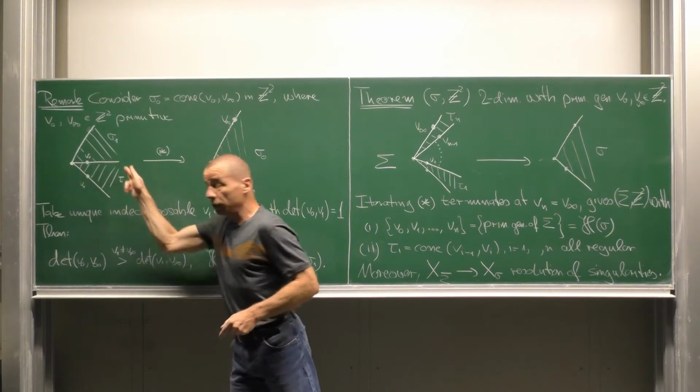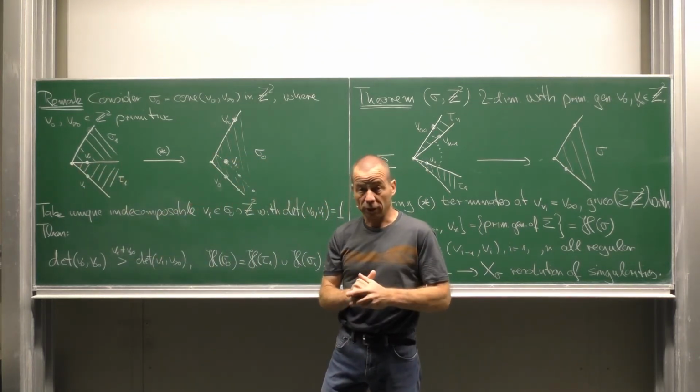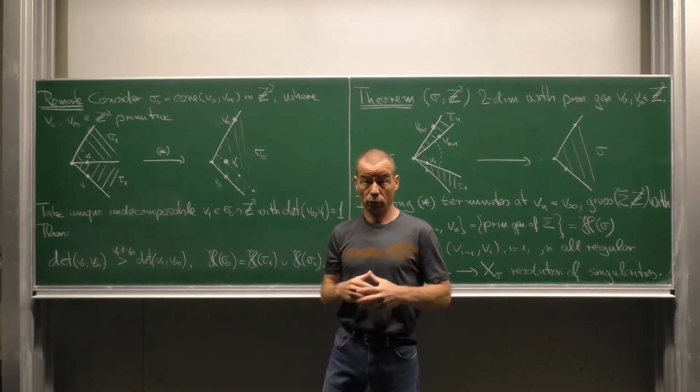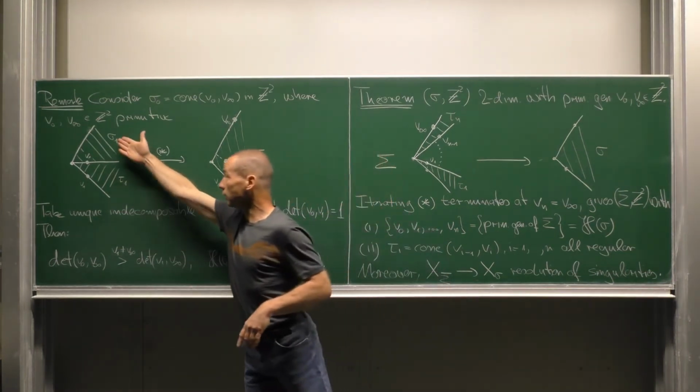We insert a new ray through this element v_1 and thus subdivide our cone sigma_0 into two cones, tau_1 and sigma_1.